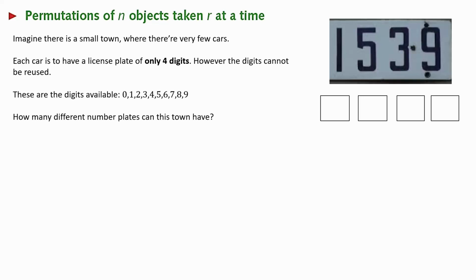And then after I choose 1, remember I said it cannot be repeated. So how many options do I have left? 9. And then 8. And then 7. So technically, 10 times 9 times 8 times 7 will give me 3,628,800. So this is the number of ways or number of plates I could possibly have.